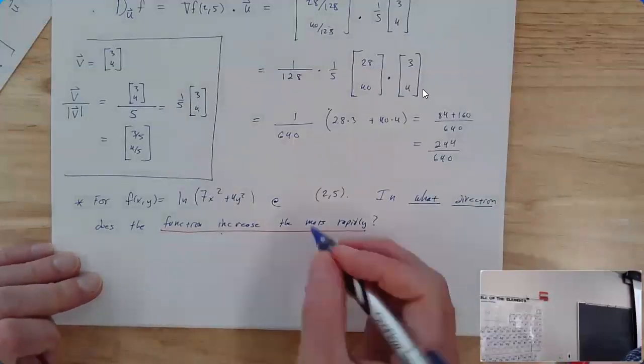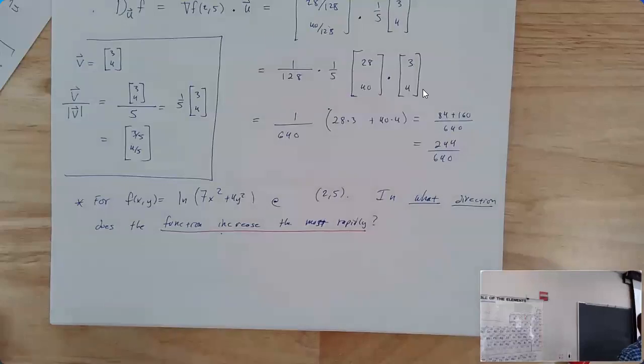Or in other words, in what direction is the derivative the greatest? Or in other words, in what direction is the slope the steepest? Anyone want to venture a guess? Starts with the G.